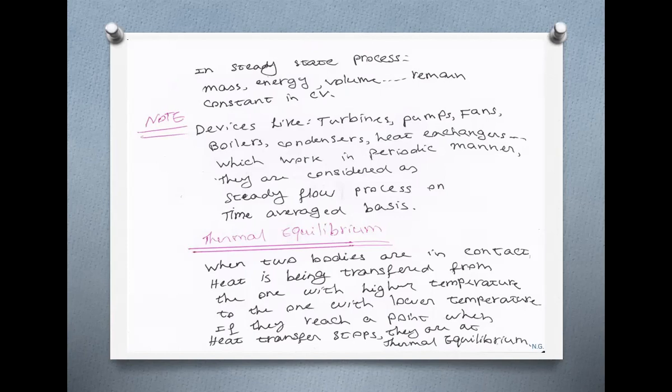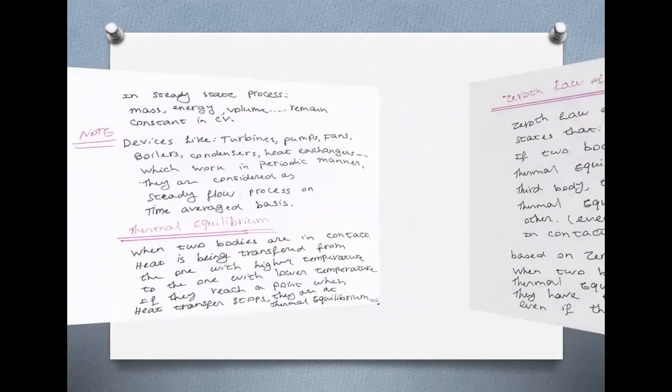That heat transfer continues, and the temperature of the hotter body decreases and decreases, and the other one increases and increases. At some point, they reach the very same temperature, and the heat transfer stops. We say that they reach thermal equilibrium. That is the meaning of thermal equilibrium, right?